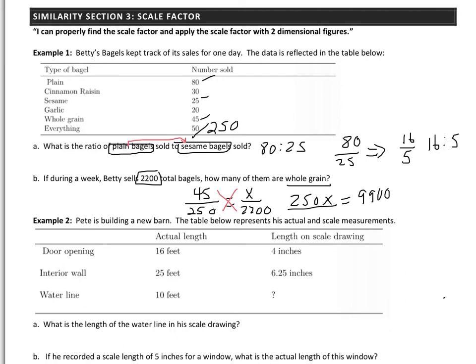You divide by 250 to solve. And out of 2,200 bagels, 396 approximately would be whole grain. And this ends the Section 3 scale factor of the example 1 type of question.